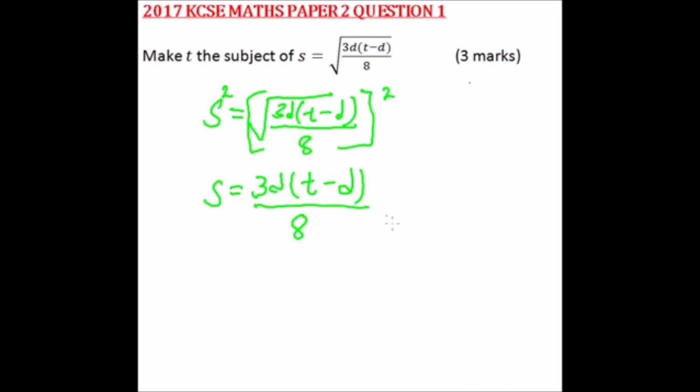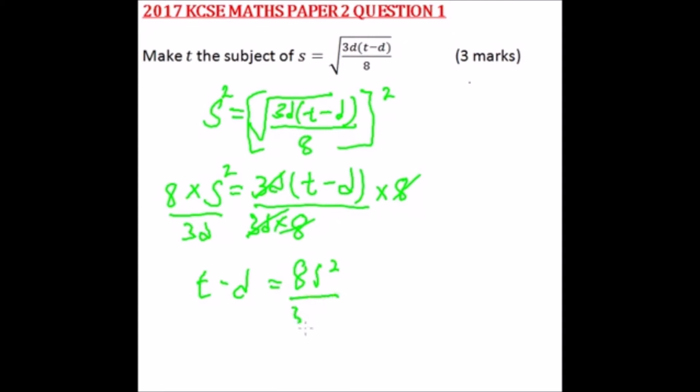Because we want to have t on one side, we multiply by 8, and remember this is s squared, so that 8 disappears with that, or 8 divided by 8 is 1. Divide both sides by 3d, so this 3d cancels with 3d. So on this side we will be left with t minus d is equals to 8s squared divided by 3d.